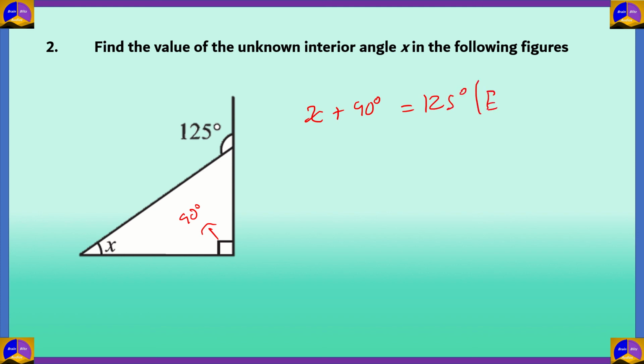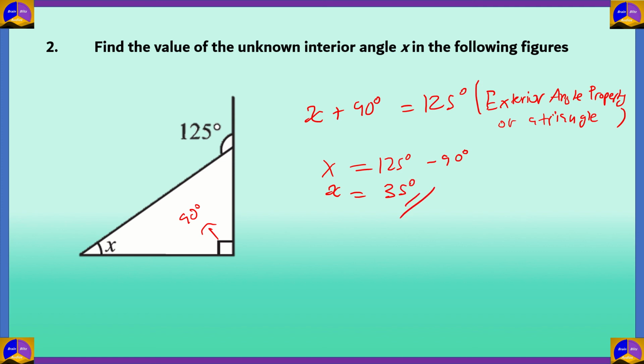Reason: exterior angle property of a triangle. So x would be equal to 125 degrees minus 90 degrees. So x would be equal to 35 degrees. 35 plus 90 is equal to 125. So x is equal to 35 degrees in the following diagram.